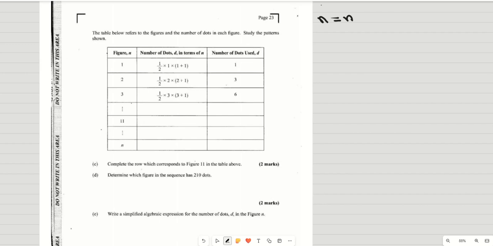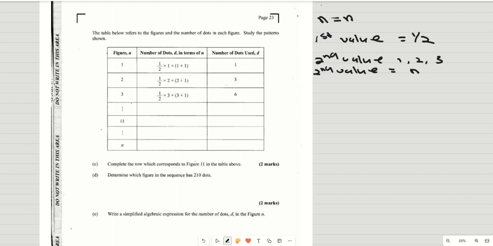Here you have your first, second, third, and fourth. Your first values are all half. Your second set of values, 1, 2, 3, you compare to your figure number, so your second values are equal to n, your figure value.